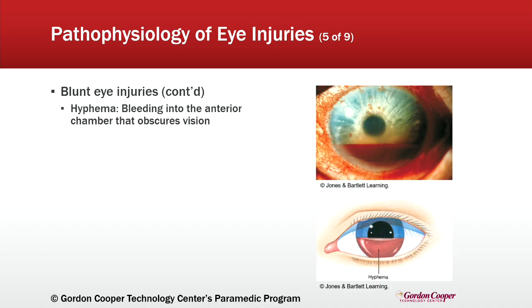The light will exaggerate the height of the blood, making it easier to tell the difference between blood in the chamber and blood on the corneal surface. A patient with hyphemia will often report photophobia, pain, and blurred vision. If a patient has an altered level of consciousness, you should suspect a head injury and treat them accordingly, because head injuries and eye injuries oftentimes go together.